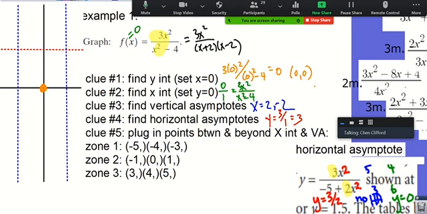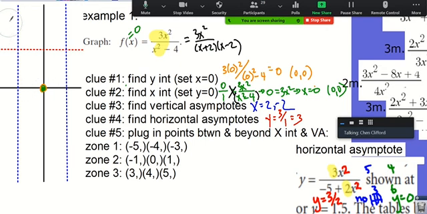And then I'm just going to cross multiply. 0 times, I don't care what this is, just basically 0, equals 3x squared times 1, which is just itself. Just using common sense, x is going to equal 0, which means your x-intercept is (0, 0). So boom, we're done with clue 1 to 4.